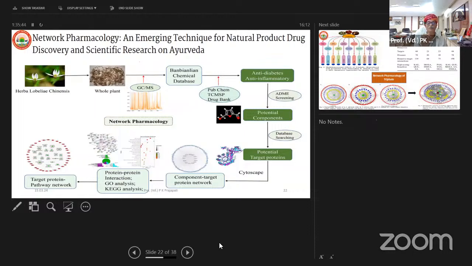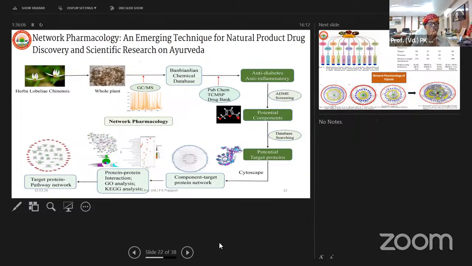Just point out some herbal drugs or herbal molecules, and you can find so many things on your screen. Everything is available: which one is synergistic, which one is the antidote. So network pharmacology is very important nowadays.